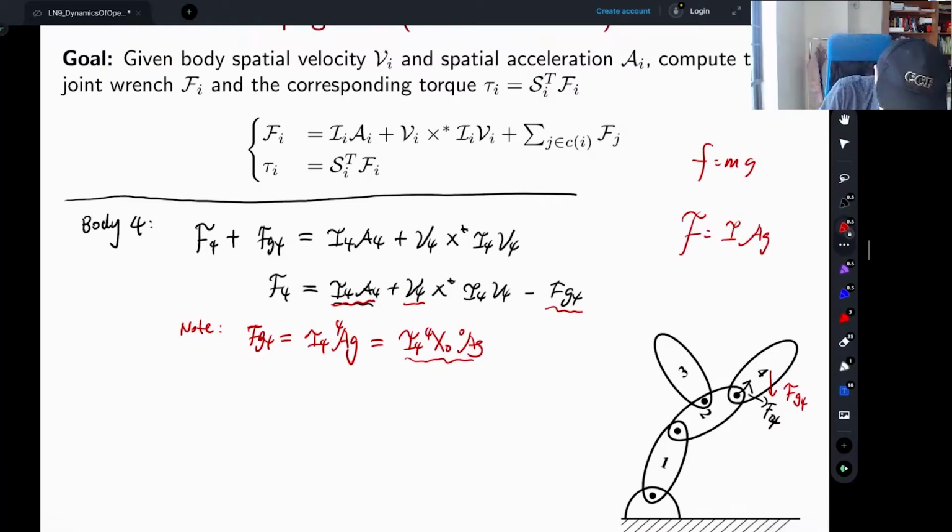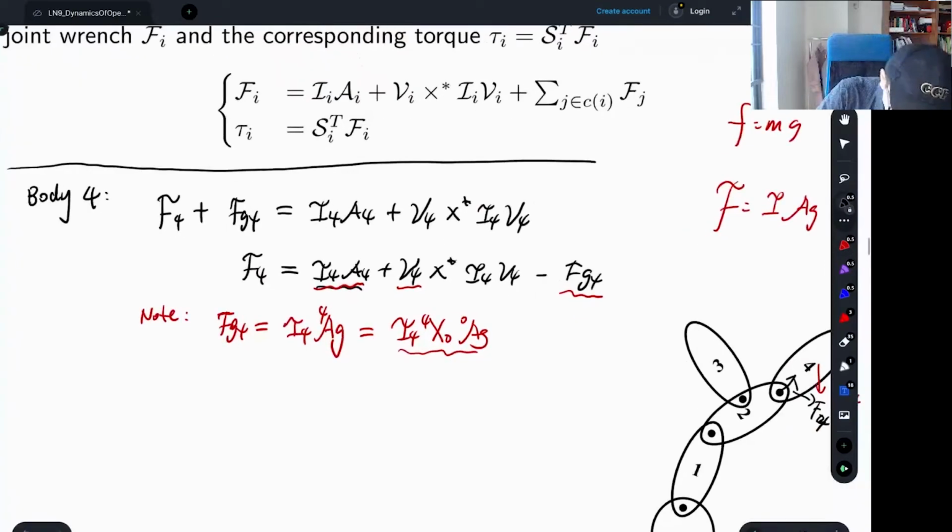So that's the first one. Then for backward propagation, you start from the last body, for which there are no additional children anymore. You find out uniquely the force at the joint. I'm going to ask maybe Liuben, what do you think?